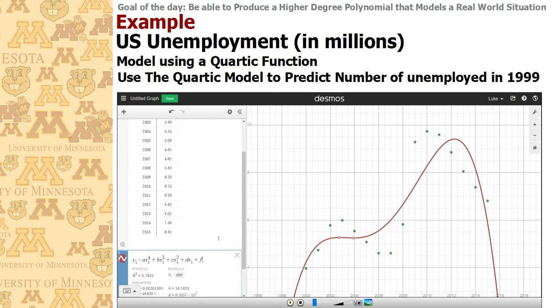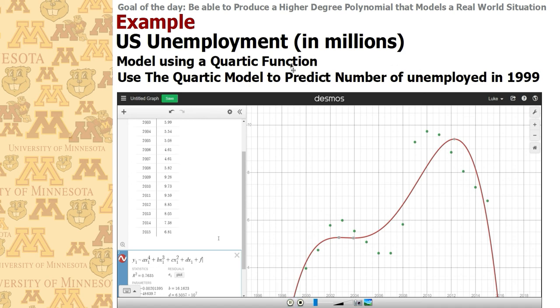All right, so it's modeled, and if I look at my r squared, 0.76, which isn't spectacular, right? This is the best quartic function that can follow these dots, and it's not doing a super job. It's not bad, but it's the best we can do.